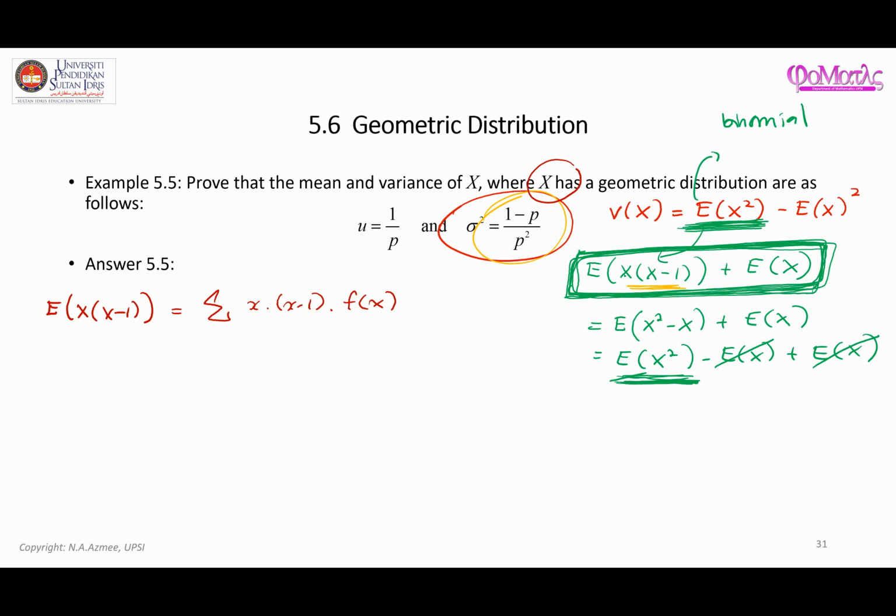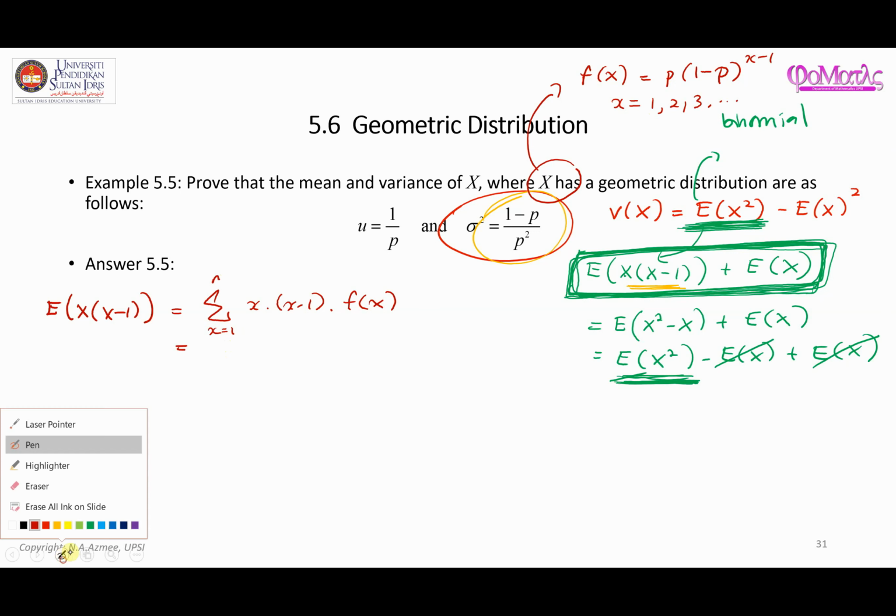When x has a geometric distribution, fx is p times 1 minus p to the x minus 1. That's what we have learned in the previous video, and we know that x can take values such as 1, 2, 3, and so on. Okay, so we're going to define that right here. X can take value of 1 until n, and I'm just going to erase fx and replace that with the probability function. The probability function is p times 1 minus p to the x minus 1.